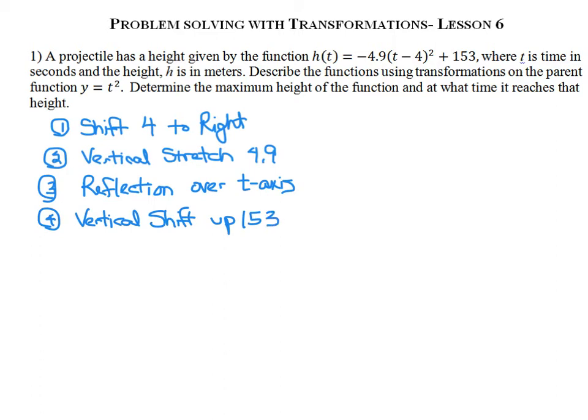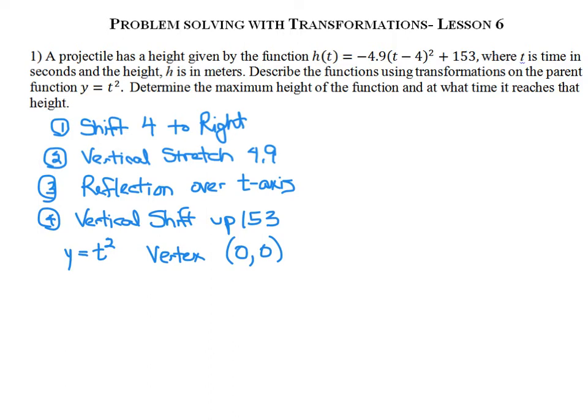So what I'd like to do is then apply these 4 transformations to my normal vertex or turning point of the function t squared. So if I had the function y equals t squared to begin with, then I know that the vertex of this function, because it's my regular parent function of the parabola, is just 0, 0.